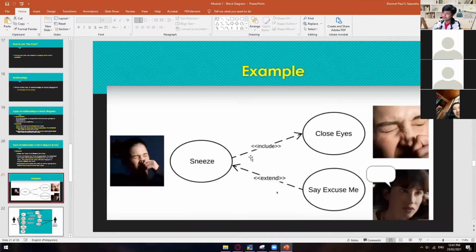This is a perfect example of using an include use case and an extend use case. Once you sneeze, include is mandatory. We always close our eyes. Is there such a person who sneezes and doesn't close his eyes?